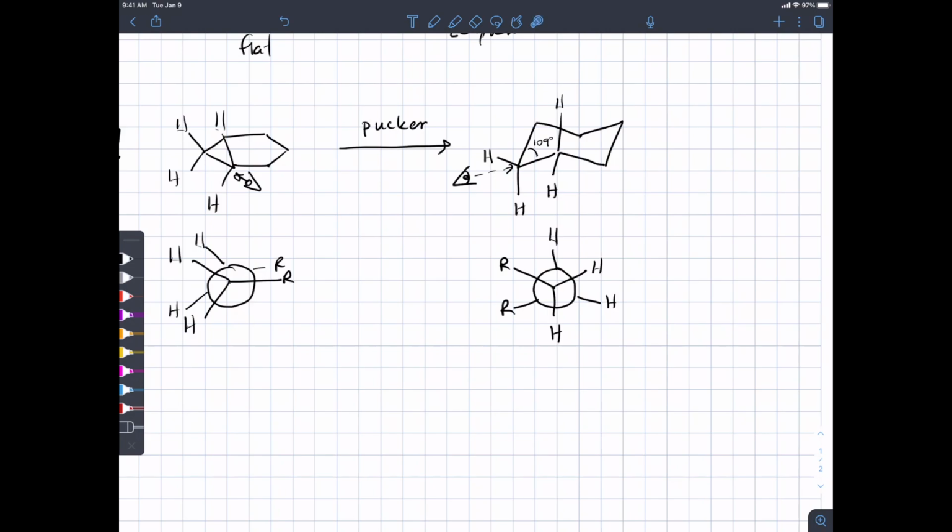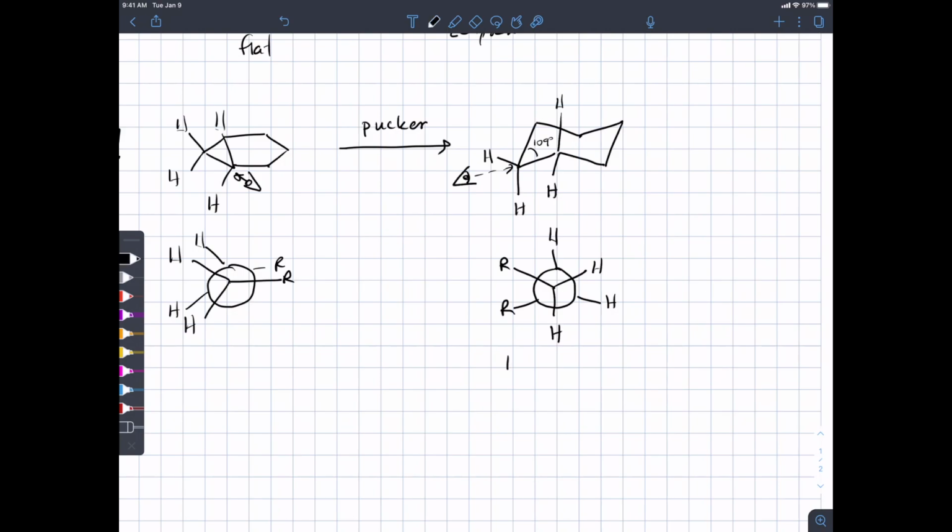All right, here is the carbon in the front. And from our perspective, the proton would be coming out to our right, and the proton that's going down would be going down this way in the Newman projection. In the back, we would see a proton coming straight up, and another headed out to our right but angled downward.